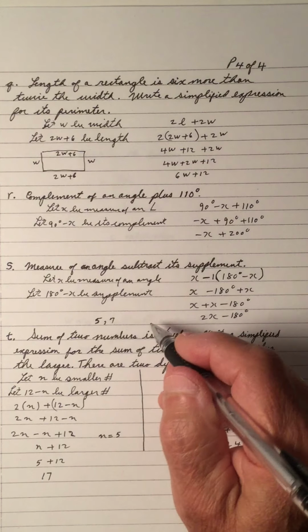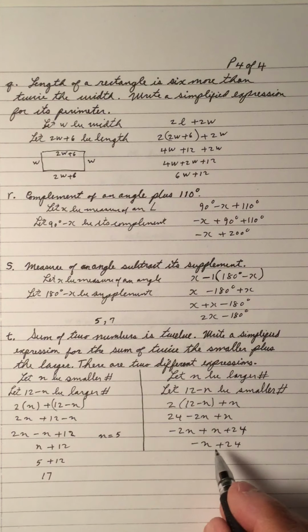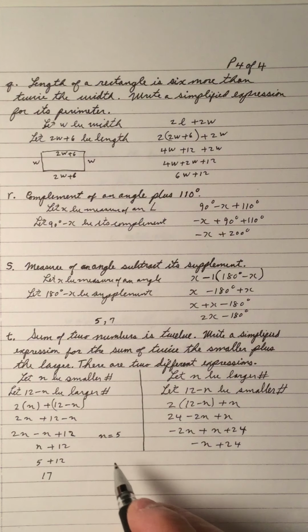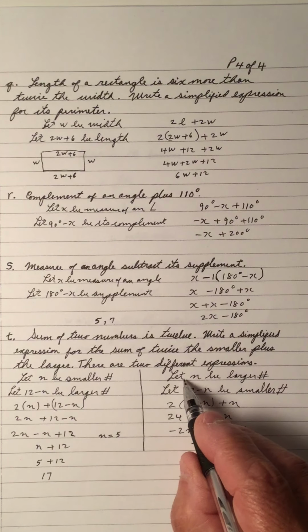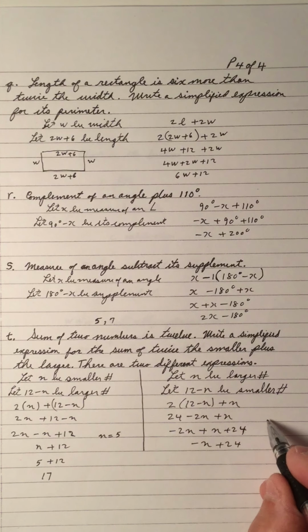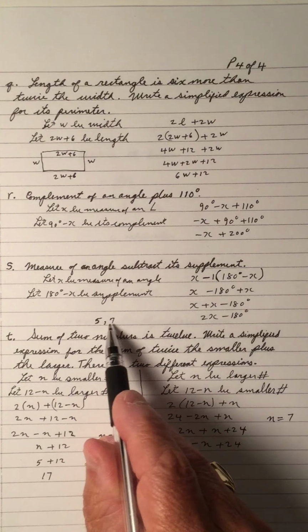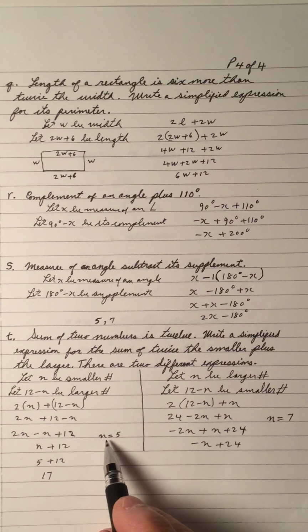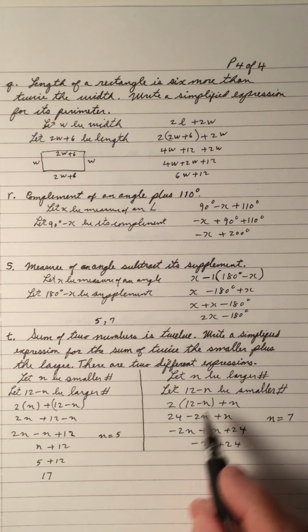If I took two more numbers like 10 and 2, then it would be different. So if 5 is the smaller number and 7 is the larger, over here we're saying n is the larger, so that means n is 7. Between these two numbers, n is smaller, so I have to pick the 5 in this expression.